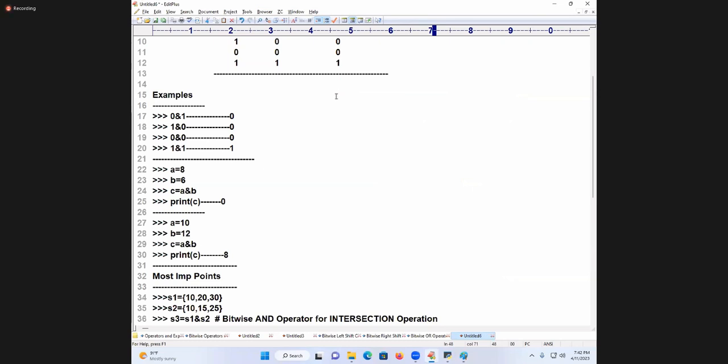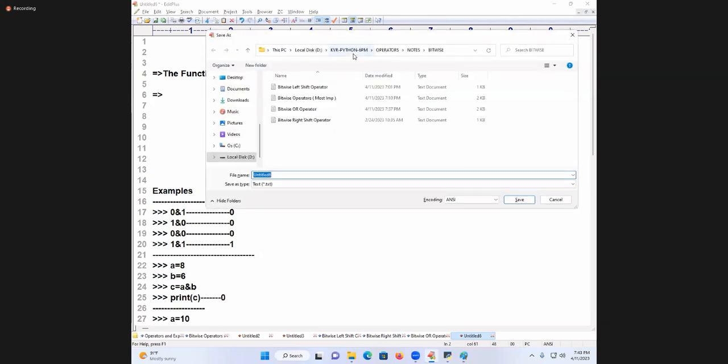I will explain the shortcut process for AND operation when I come to the if-else ternary operator. Are you following up to here? Bitwise OR and AND operator clear? Right. So I hope the bitwise AND operator is clear.